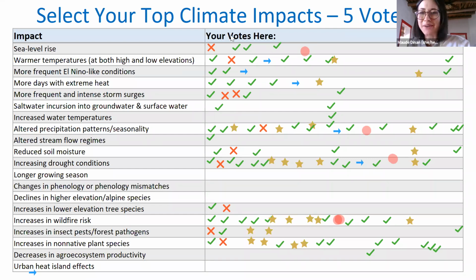And that's okay too. We can always talk about this more in your group discussions. Is there anyone else who would like to talk about why they voted for what they did and what it might mean for their specific project?